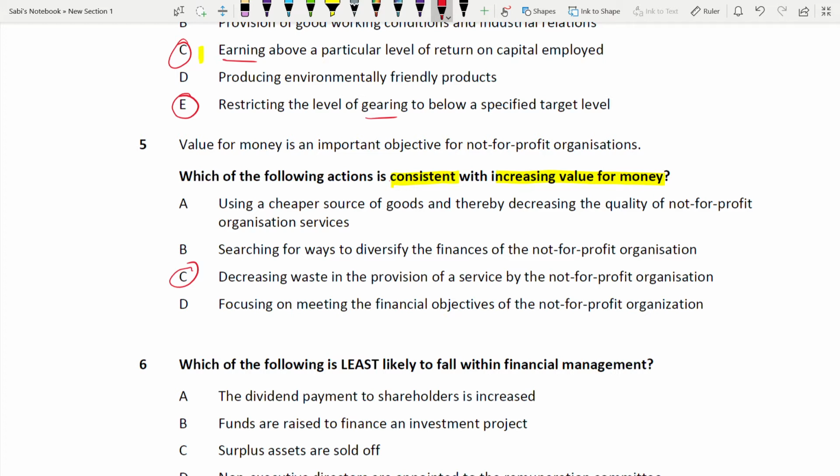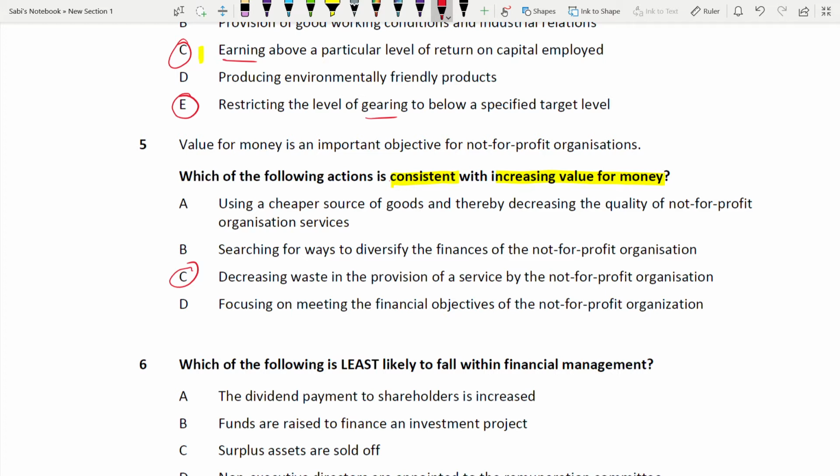Remember the three E's. Value for money is related to economy, efficiency, and effectiveness. So economy, if you take A, it's talking about economic cost, right? Keeping cost down without sacrificing the quality. But in A, they are decreasing the quality. That's why A is not the right answer.